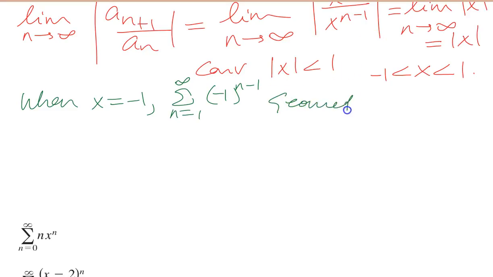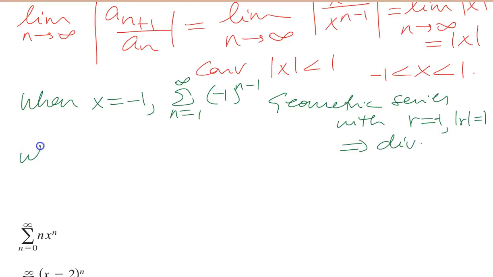This is a geometric series with r equals negative 1, absolute value of r is 1. That means it diverges. But when x is 1, the series resulting from differentiating f of x turns to 1 to the power n minus 1.